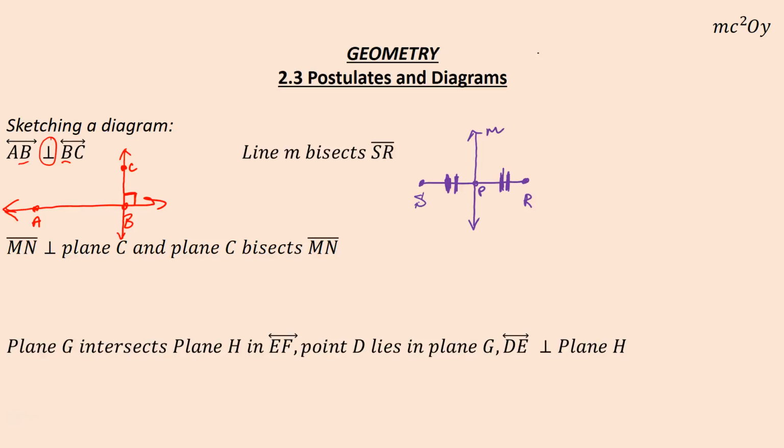All right, segment MN is perpendicular to plane C, and plane C bisects MN. Holy moly.